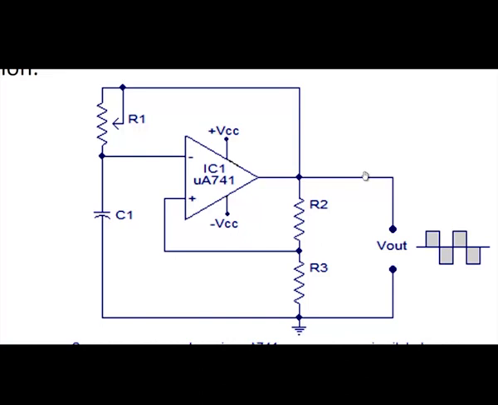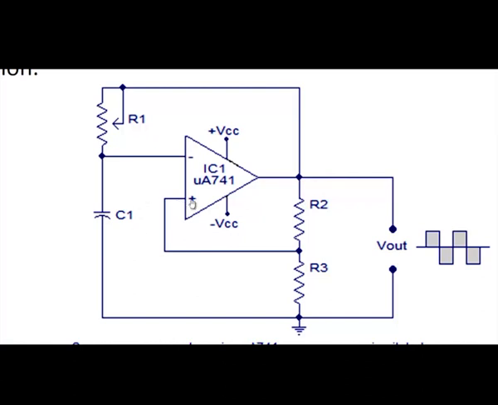The capacitor is charging towards plus V saturation through the resistor R1. When the voltage across the capacitor goes just above beta V saturation, the voltage at the negative terminal is higher, so the output transitions to negative V saturation. The output is now minus V saturation.